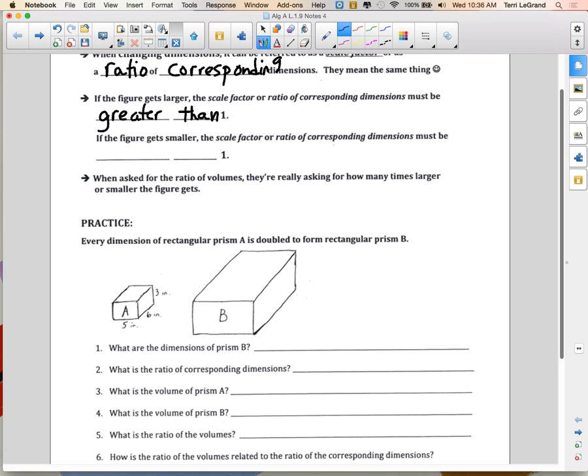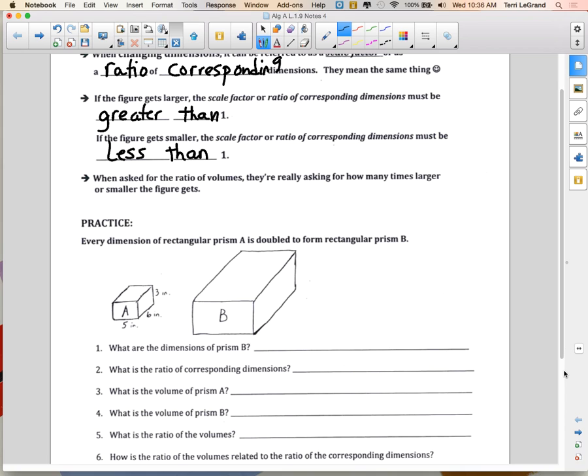The scale factor should be what? Less than 1, yeah, less than 1. So if our new figure gets smaller, your scale factor better turn out to be less than 1 if you're the one looking for it.